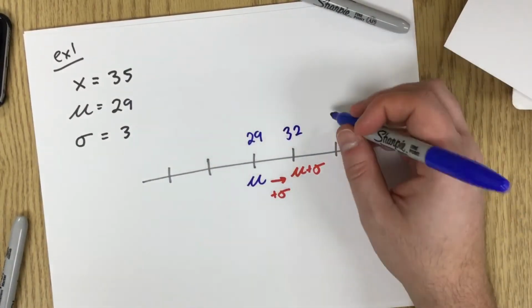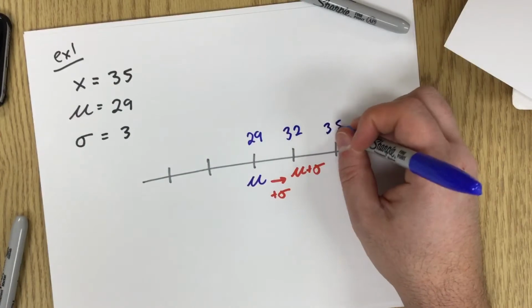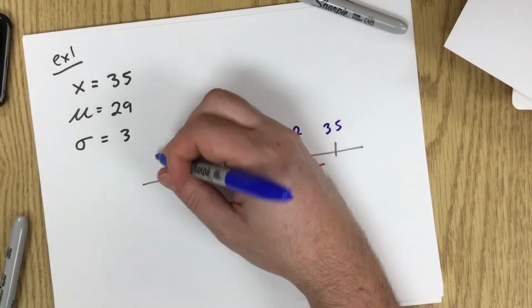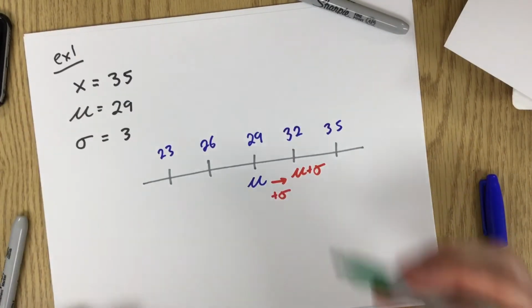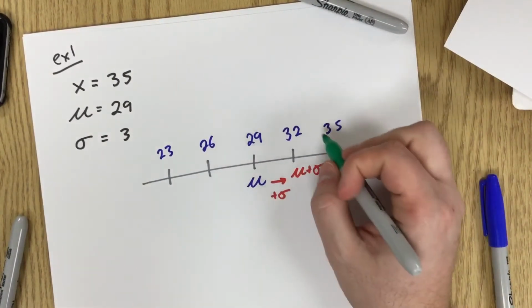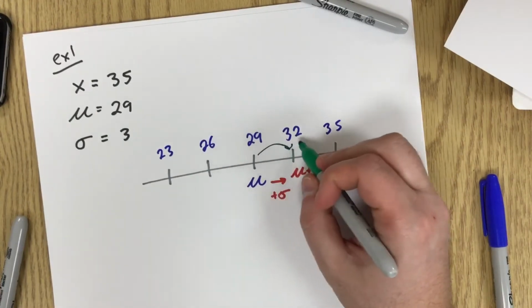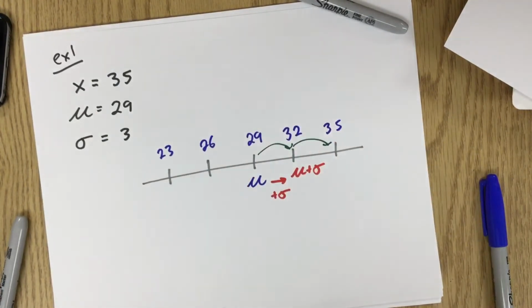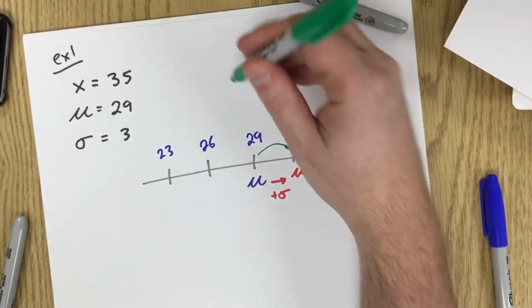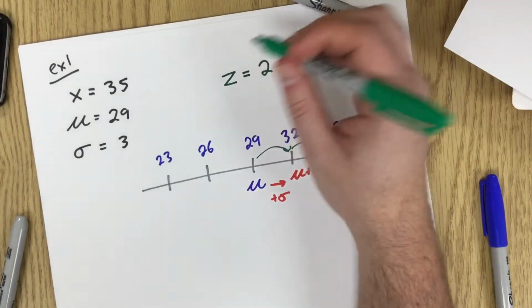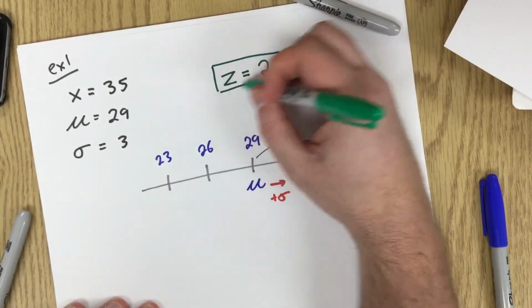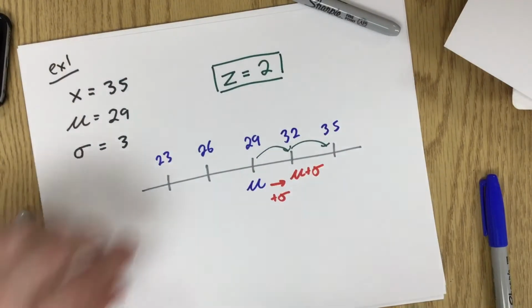If we go up another standard deviation of 3, we're at 35, and we could have gone backwards like that. Now our point is 35, and we can see that 35 is exactly 2 standard deviations above the mean. And so for x equals 35, the z-score is 2 for that mean and that standard deviation.